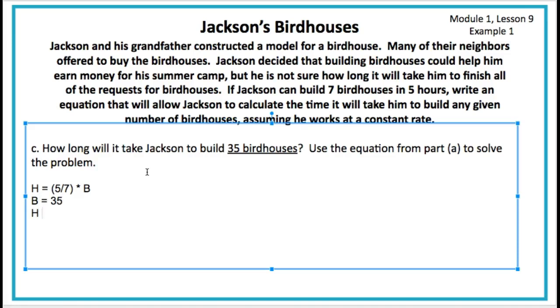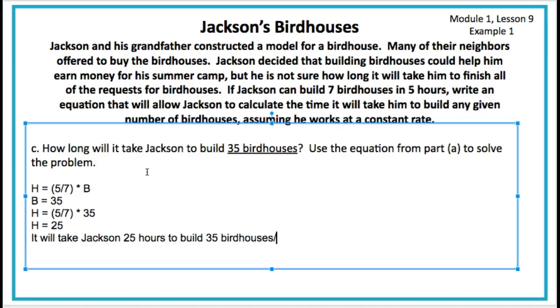H is equal to 5/7 times 35. H is equal to 25. So we know it will take Jackson 25 hours to build 35 birdhouses.